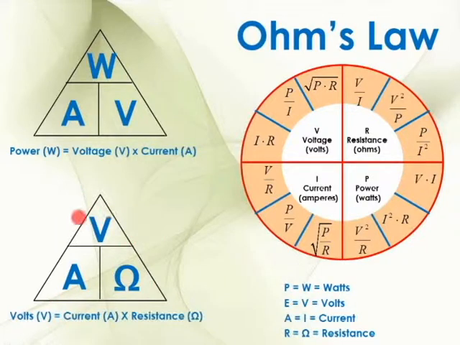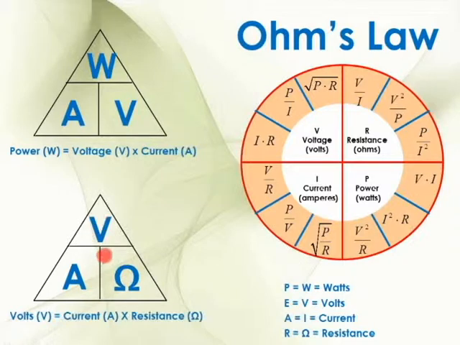Now the same thing works with this triangle as well. This is volts equals amps times resistance, which is another important formula. This is actually what voltage drop is based on for those of you who have gotten to calculate voltage drop. It's amps times resistance equals volts. So looking at the triangle, I've got amps times ohms is going to be volts.